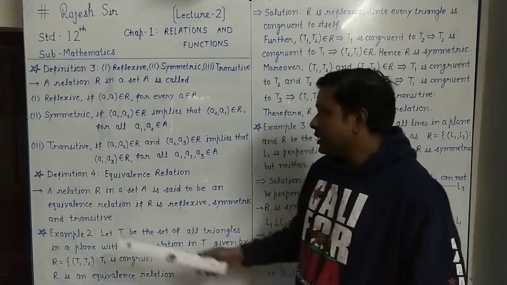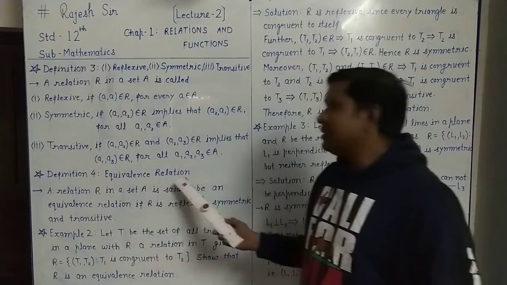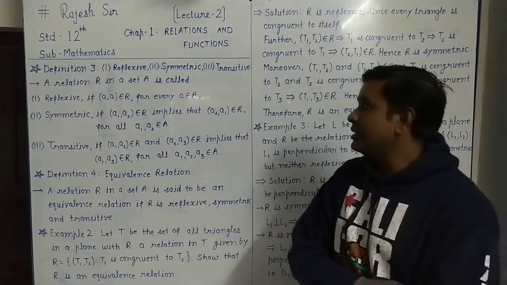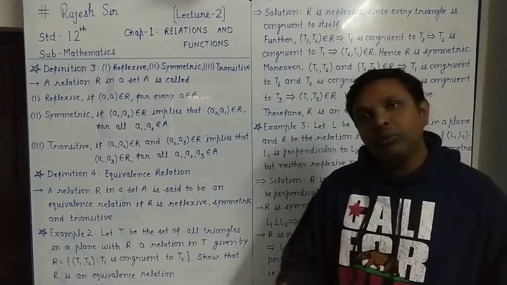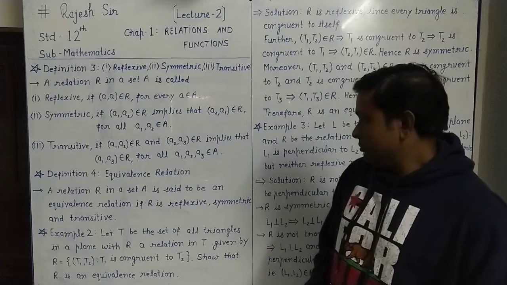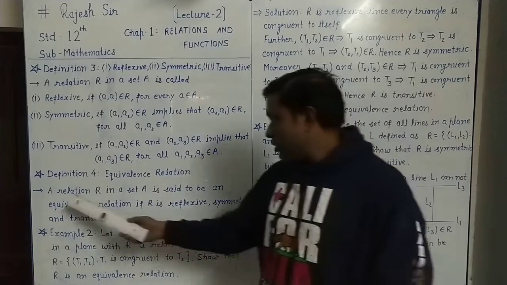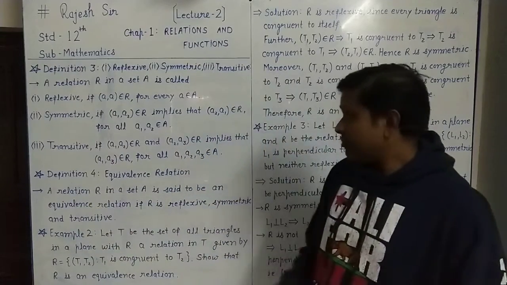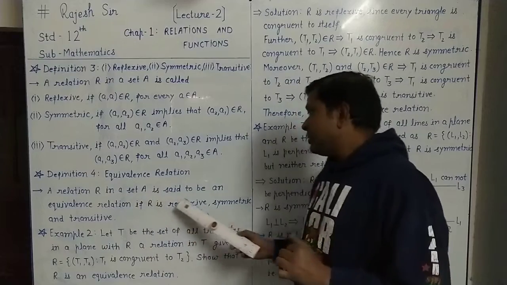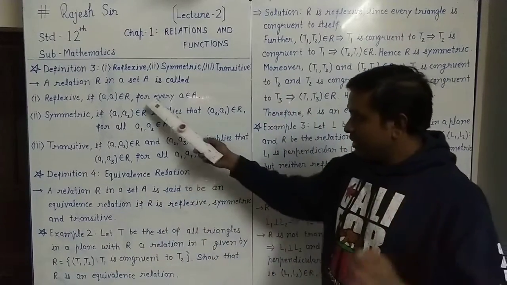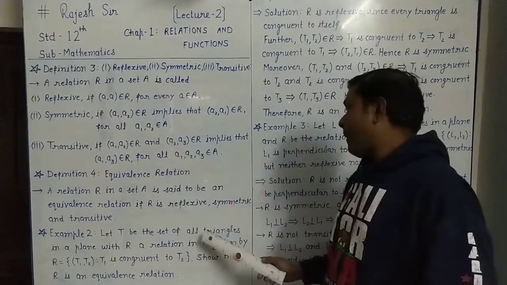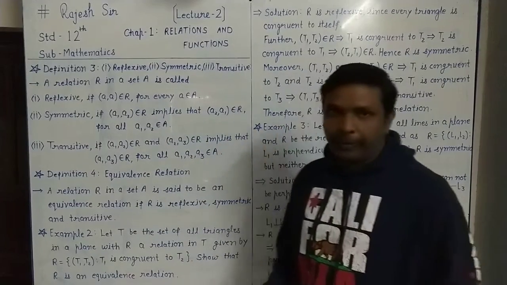Now we give definition 4, the equivalence relation. After understanding reflexive, symmetric and transitive, we define the equivalence relation. A relation R in a set A is said to be an equivalence relation if R is reflexive, symmetric and transitive, all the three.